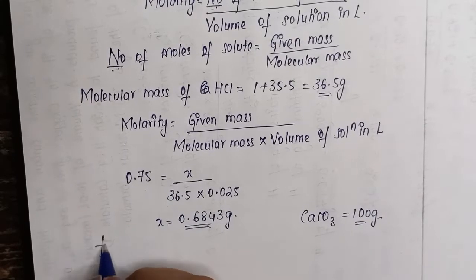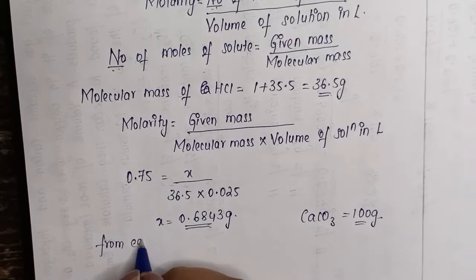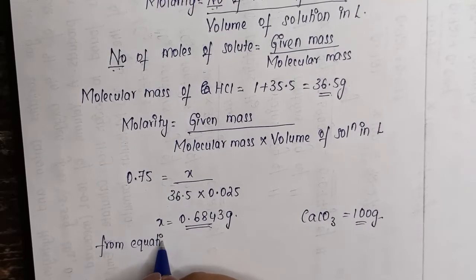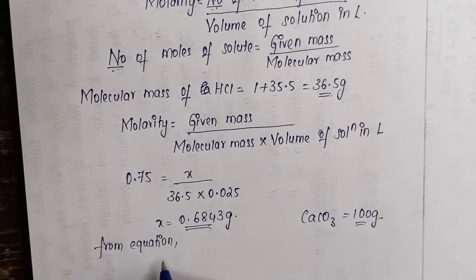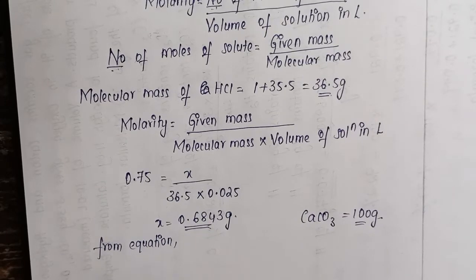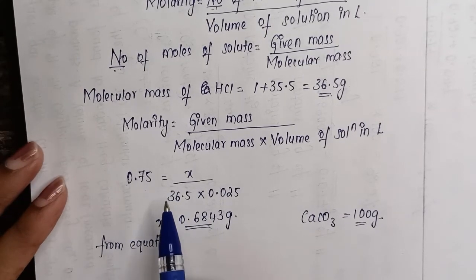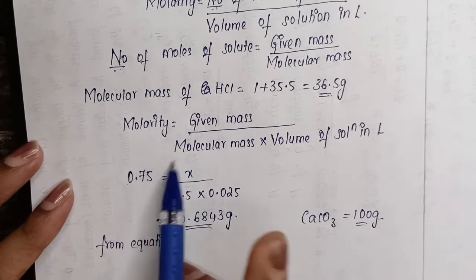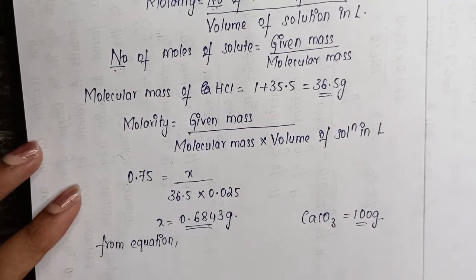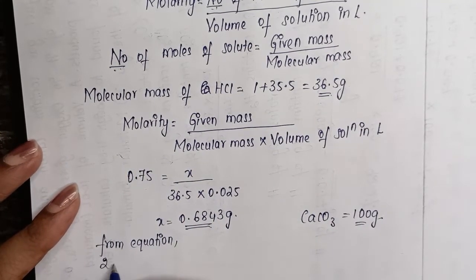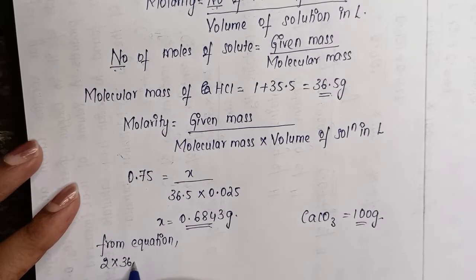Therefore, from the balanced equation that is there in the question, we have 1 mole of calcium carbonate reacting with 2 moles of HCl. So here we will write 2 into 36.5 grams of HCl.